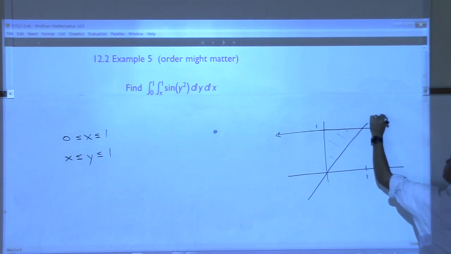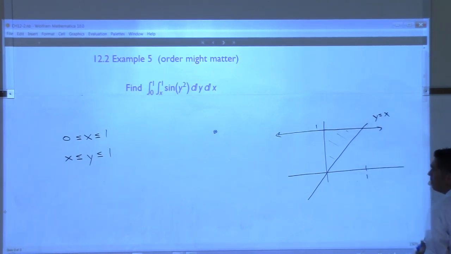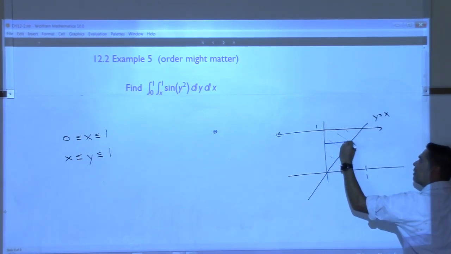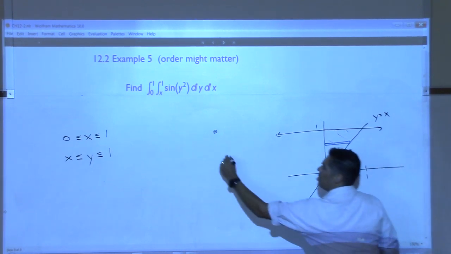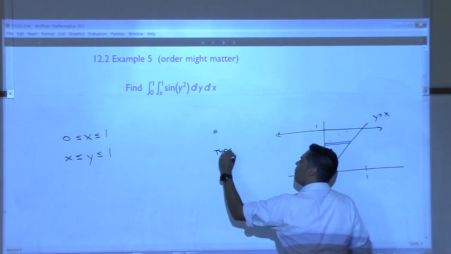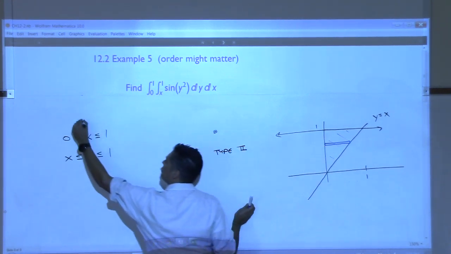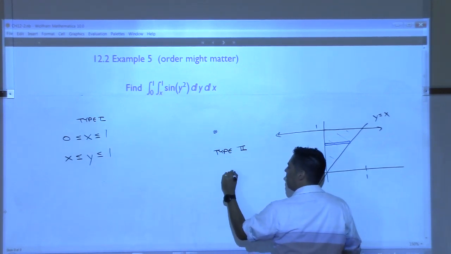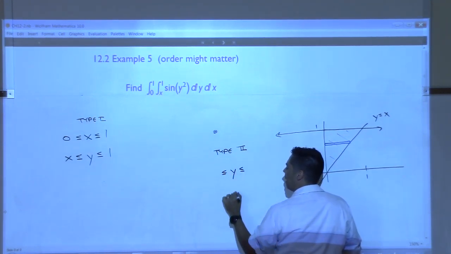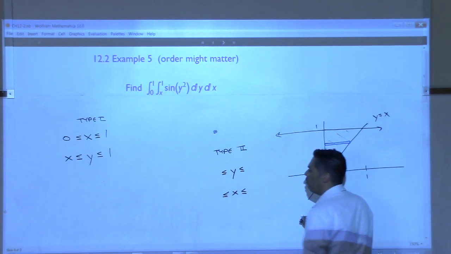What is this written as a type 2 region? So if this is y equals x, if I go to a type 2, this time my rectangles are going this way. What are my restrictions on y? As a type 2, this was as a type 1. So as a type 2, this time my y is between two constants and my x is between two functions of y.